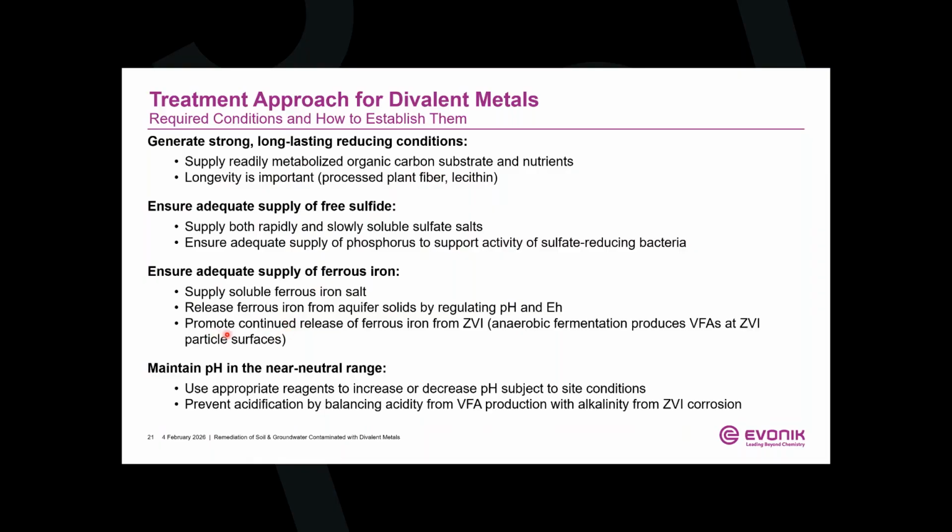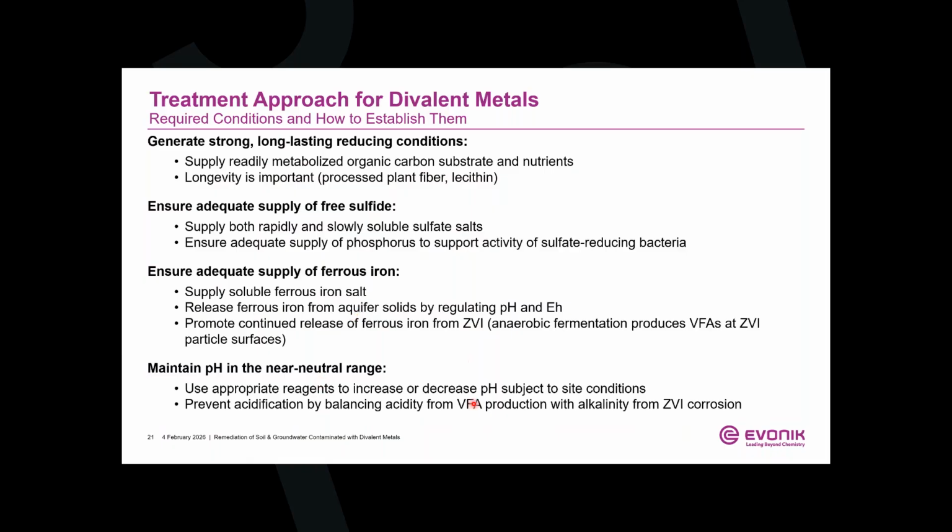And we also provide a long-lasting source of ferrous iron in our high surface area microscale ZVI. And that ZVI, in the presence of carbon fermentation, will release more ferrous iron because the acidity produced by carbon fermentation in the form of volatile fatty acids, acetic, butyric, propionic acid, when they contact the surface of the iron, you get more rapid corrosion and therefore more release of ferrous iron.